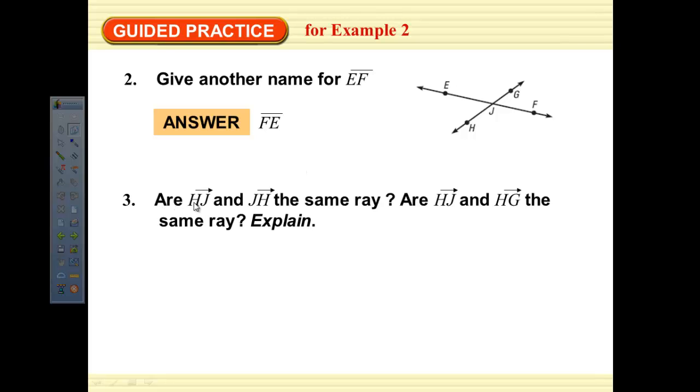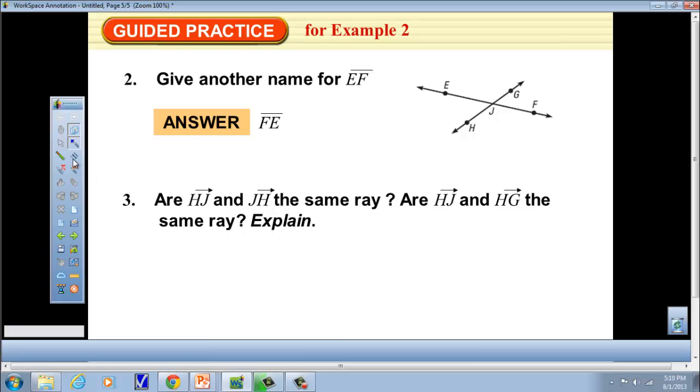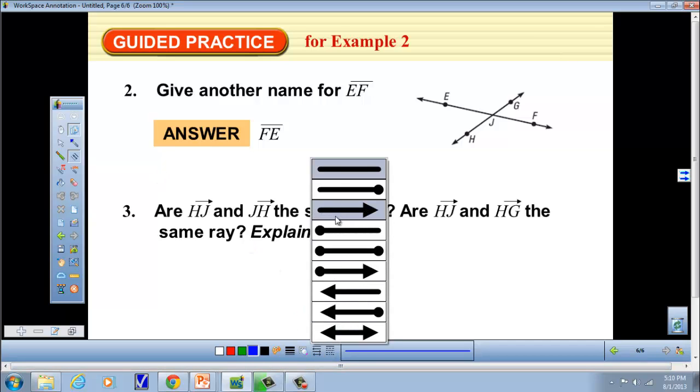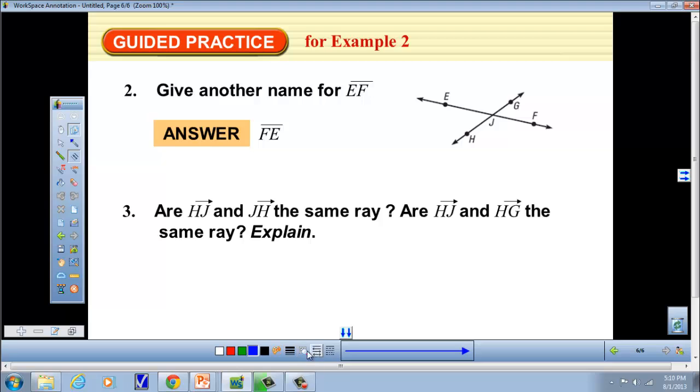And it says, are HJ and JH the same ray? Well, if we look at this carefully, and I'm going to show you so you can see what's going on. If I draw HJ, HJ starts at H and goes up this way.